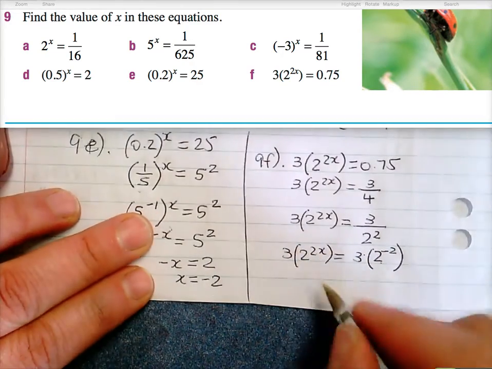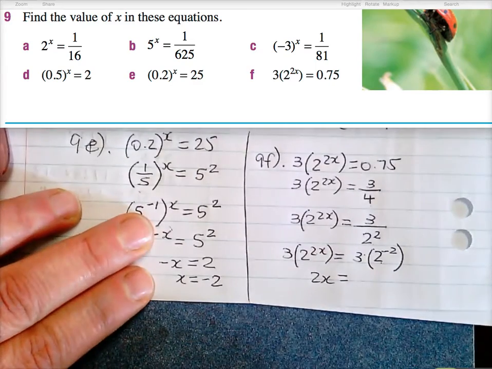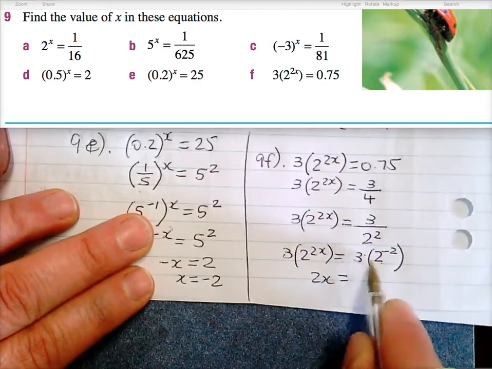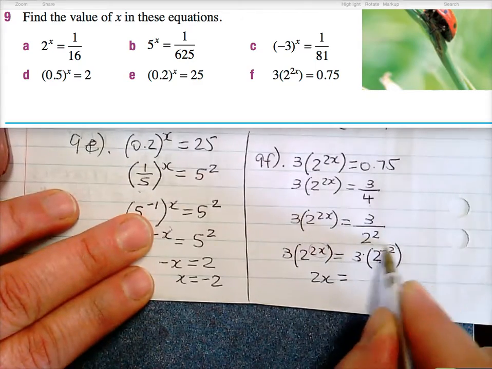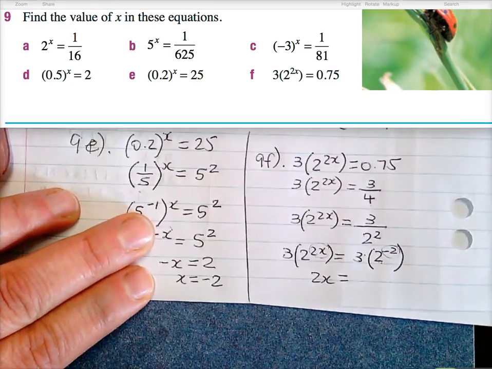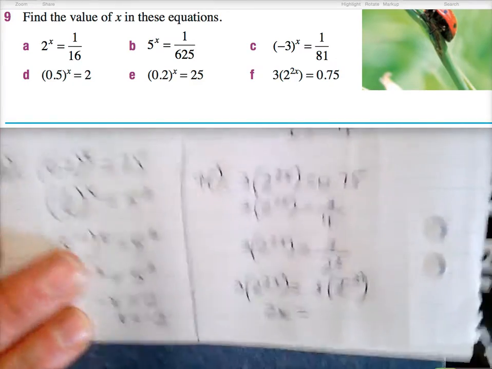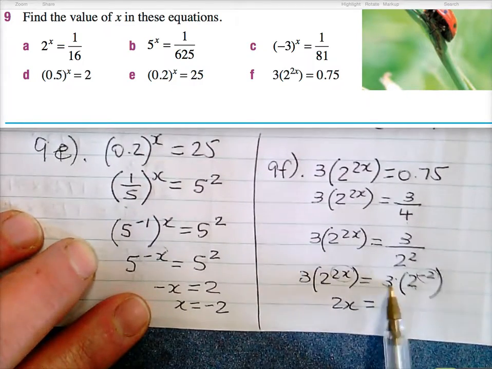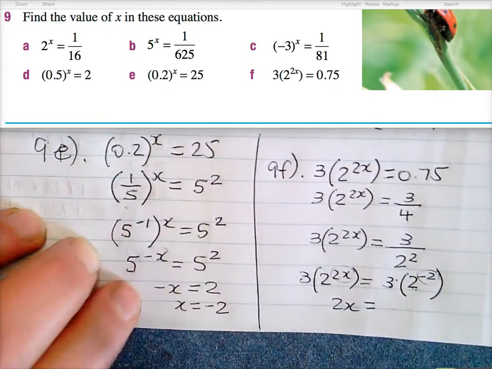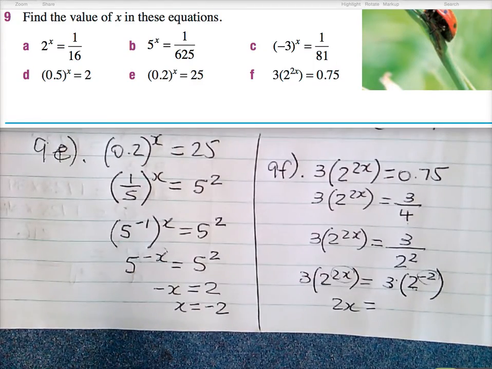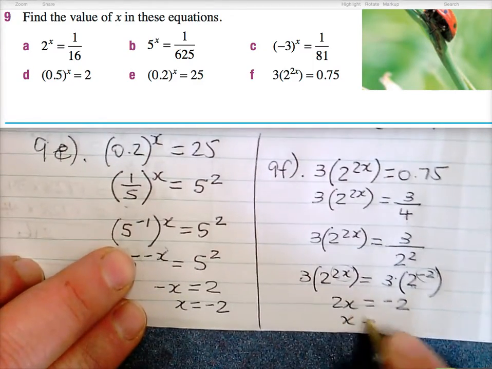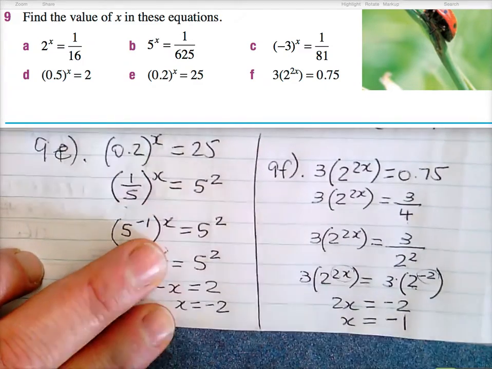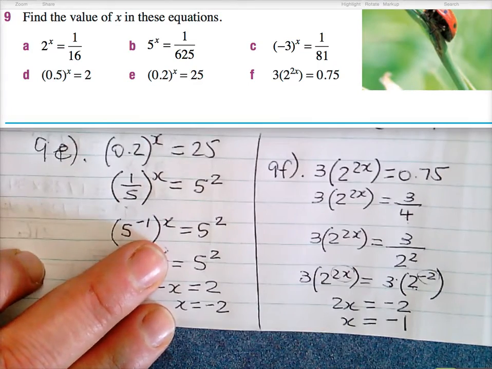Tell me what matches. 2x must equal what? Look at them. That 2x matches with the negative 2. I'm comparing position with position. They're a match. The 2x must equal the negative 2. Does that make sense? So 2x equals negative 2. So therefore, girls, what's x? 2 times what is negative 2? So therefore, x is negative 1.